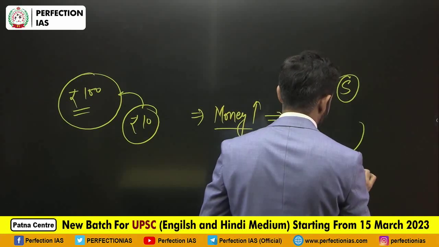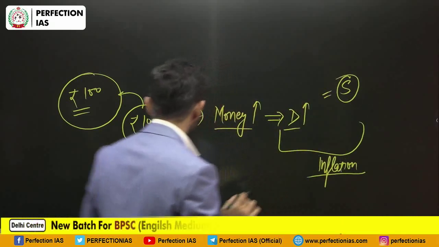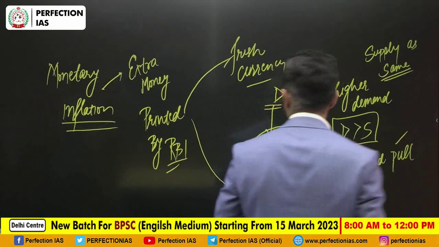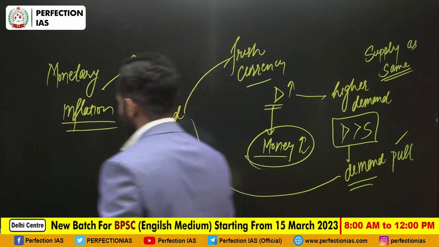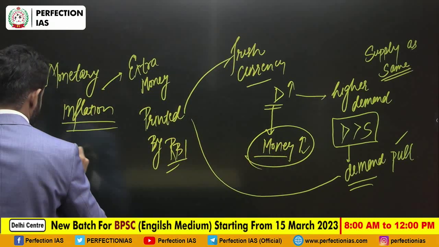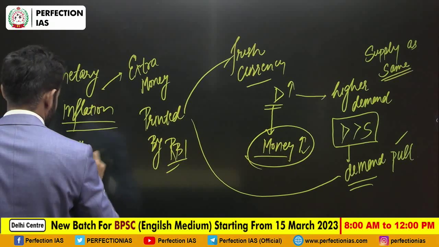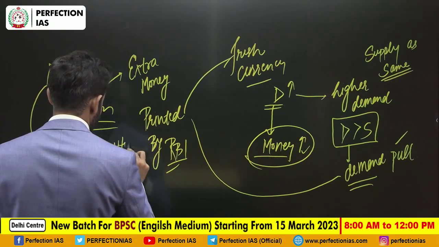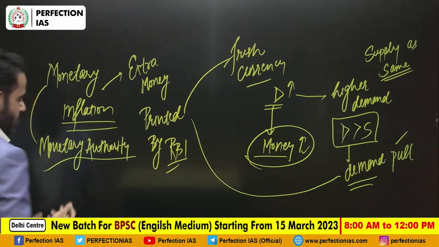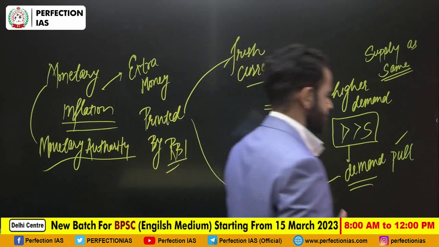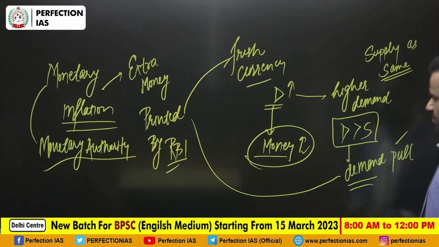So in simplest terms, monetary inflation means the monetary authority of our country, that is RBI, printed new currency which increased the money supply in the economy and subsequently the demand in the economy increased.